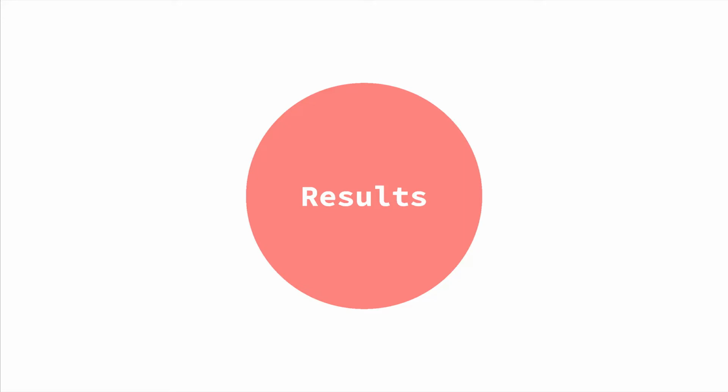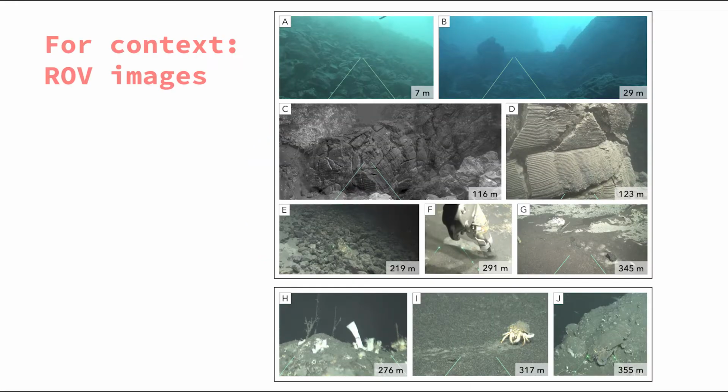So we're just going to jump into the results. Okay, first, for context, I'm going to show some ROV images. I won't go into too much detail because this is not the focus of this work. But as you can see, and we had a very nice introduction to this topic from Ramón earlier, you can see different geological structures.